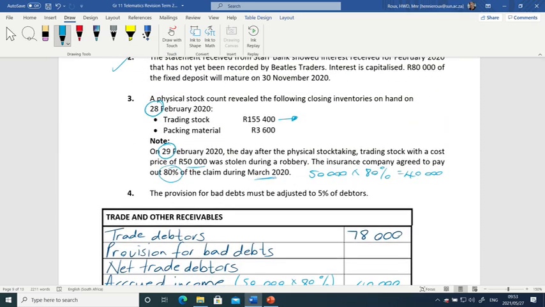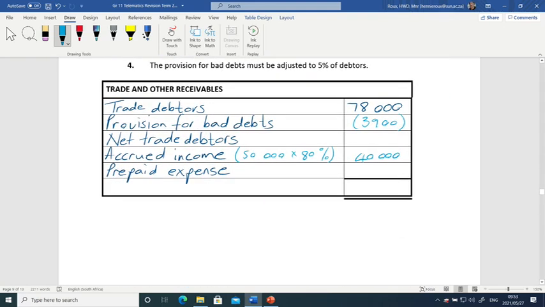And then the last one says that the provision for bad debts must be adjusted to 5% of debtors. Our debtors, 78,000, and 5% of that will give you 3,900. And we know the provision to be subtracted because that will decrease the possible debtors, 7,100.